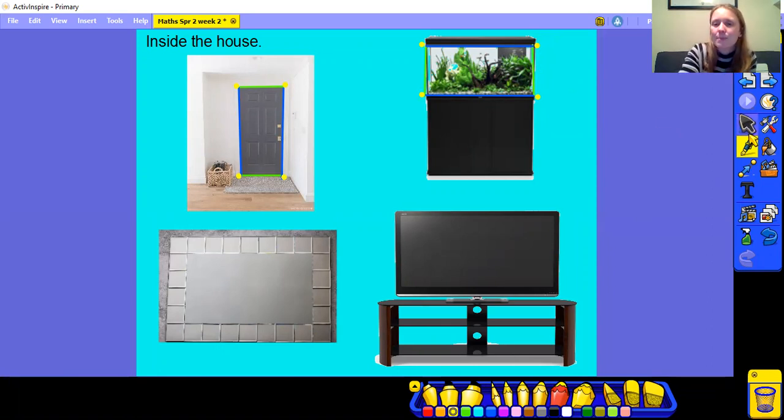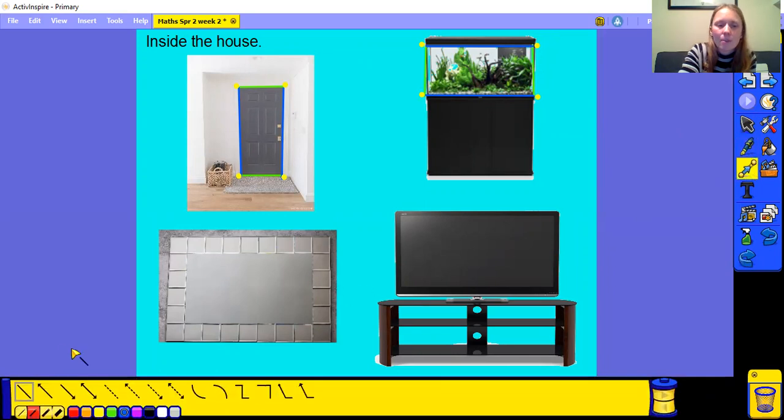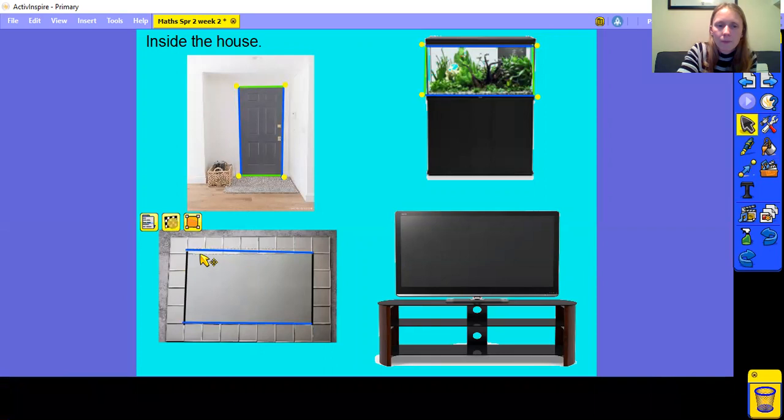Okay, let's move on. Let's have a look at the mirror this time. So the mirror has 2 short sides and it has 2 long sides. Is this the rectangle that you spotted? Or did you spot the rectangle on the outside?